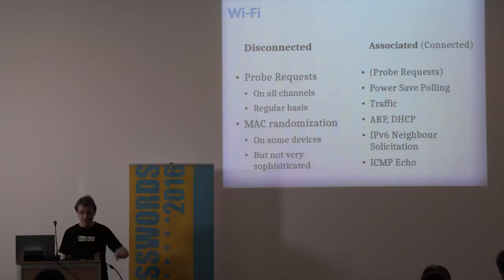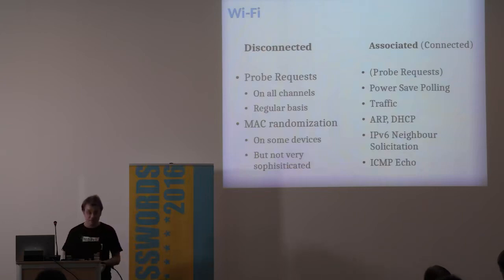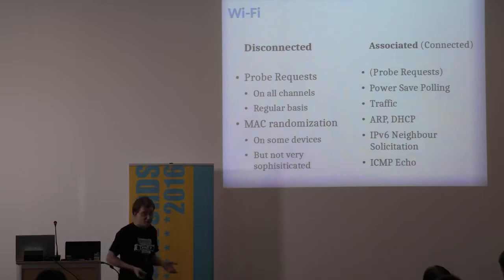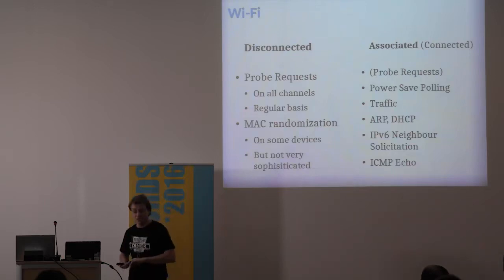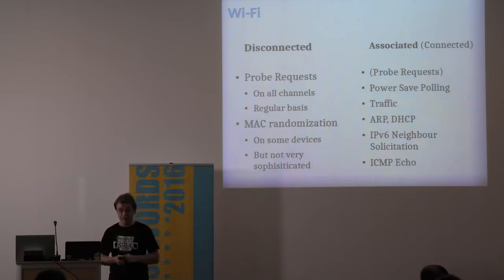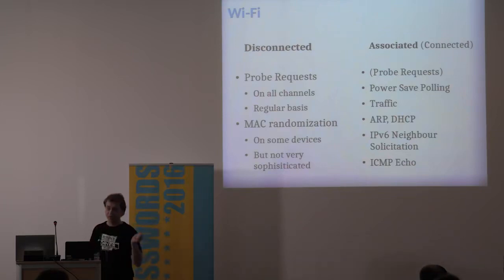Also, they just keep increasing the sequence number, not resetting it between the different randomization steps. And also, it's only randomized when the phone is asleep or when the screen is turned off and it's not connected. However, as soon as you turn on your screen, it uses its real MAC address. And because it's not resetting the sequence number, it's very easy to correlate the random MAC address with the real MAC address.